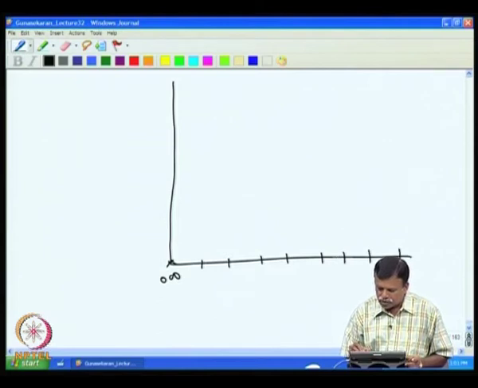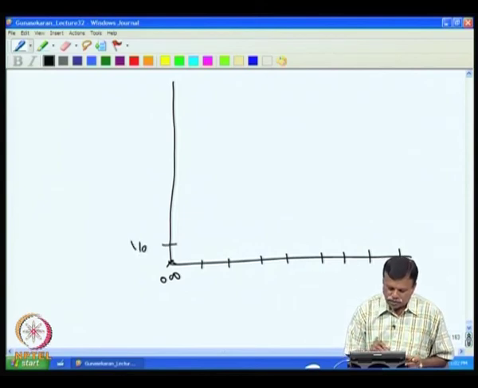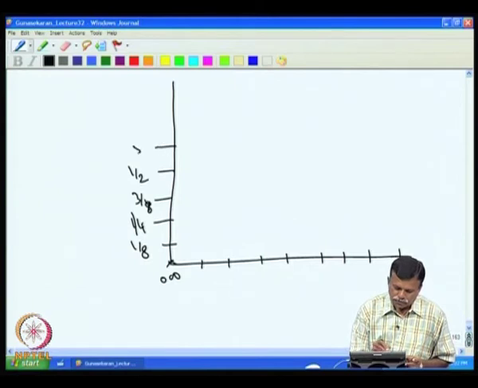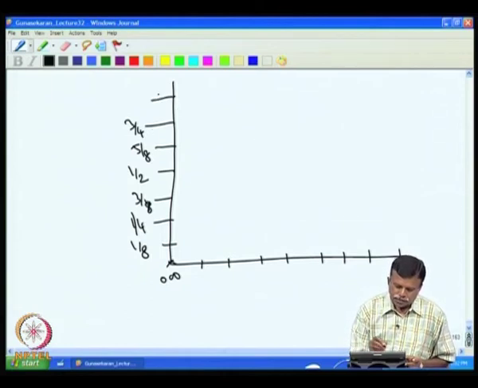Assume this is 1 1 1, then we have here 1 by 8, 1 by 4, then 3 by 8, 1 by 2, 5 by 8, 3 by 4, then we have 7 by 8 and then full scale.